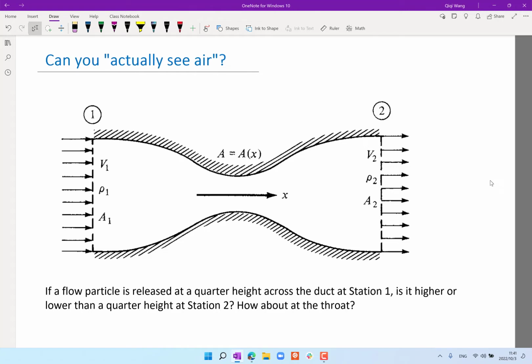Quarter height. A quarter height? Why? Makes sense. Then going back to the GitHub thing that you showed, the particle that started low also ended low again. Yes, if you think about the flow field as two vortices, the flow field is completely symmetric on this side and that side, right?